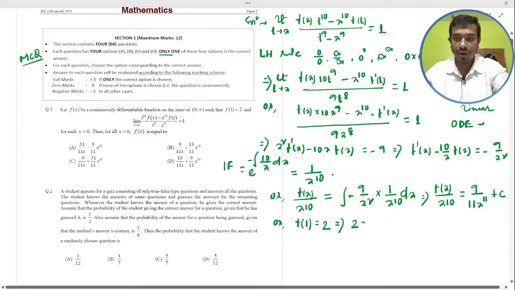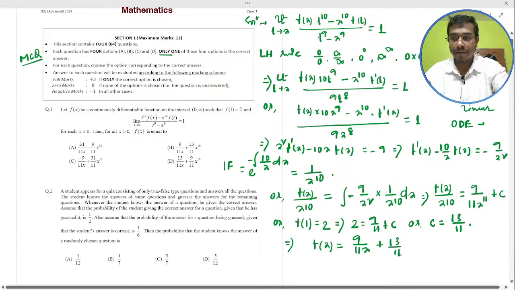That means 2 equals 9 by 11 plus c, so you will get the constant value 13 by 11. So the function would become f(x) equals 9 by 11x plus 13 by 11 into x^10. This will be the function.